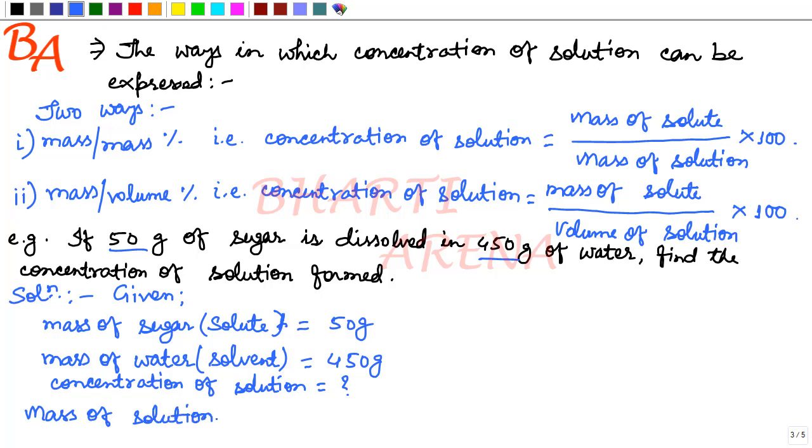So mass of solution equals mass of sugar plus mass of water. So 50 gram plus 450 gram equals 500 gram.